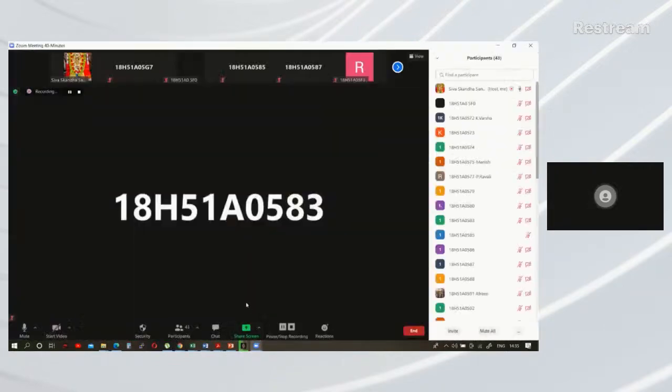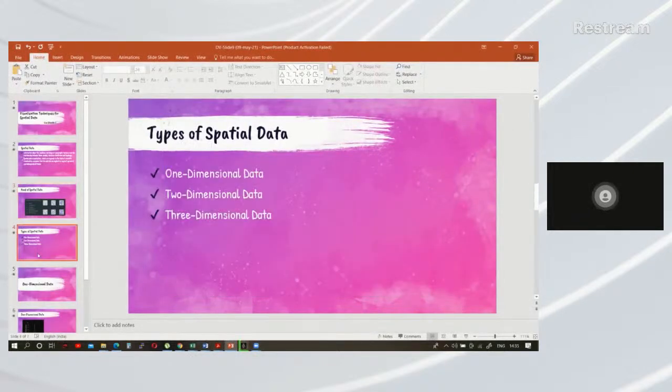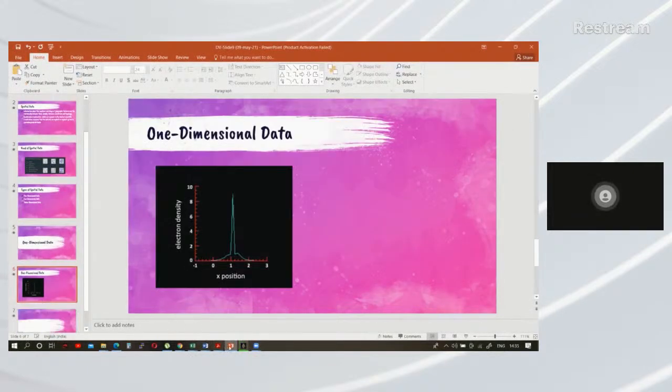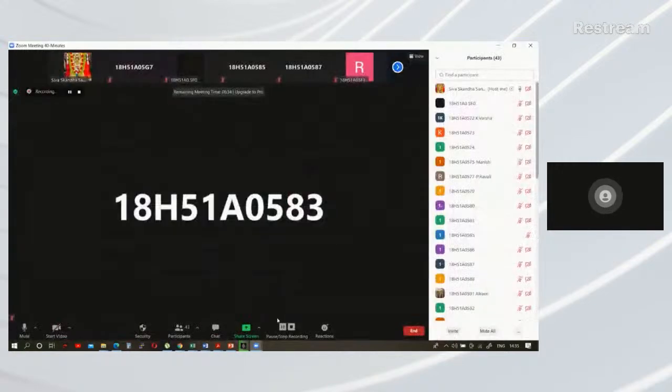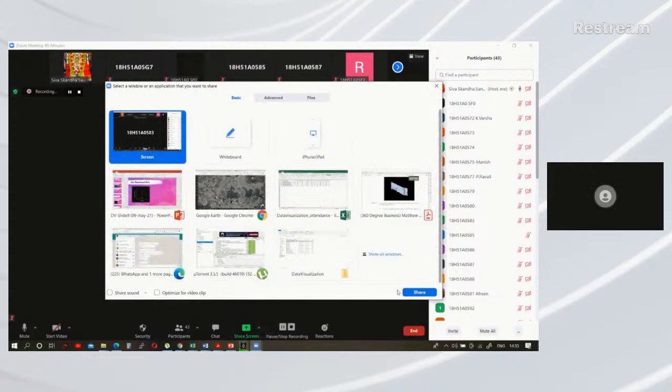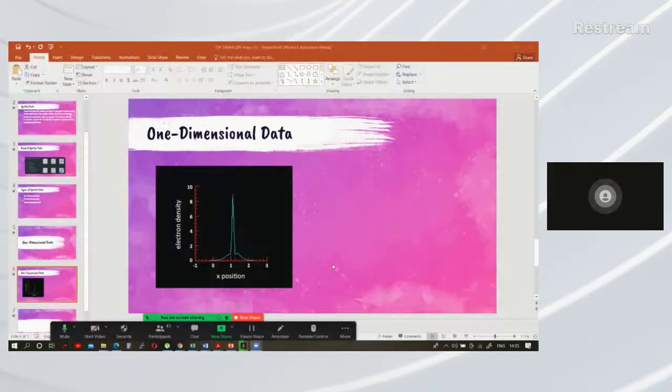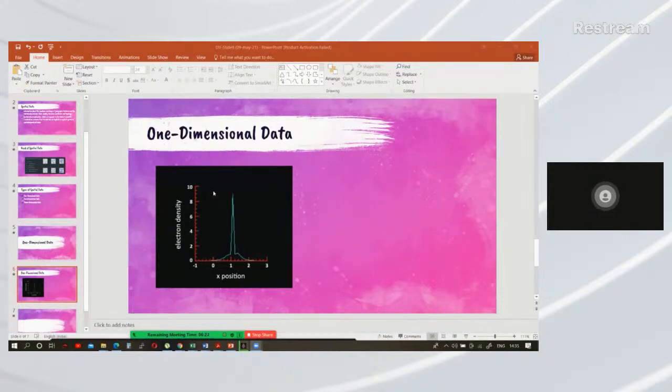Now let us stop here and go back to our topic: one-dimensional data. One-dimensional data represents data which varies in a single variable.